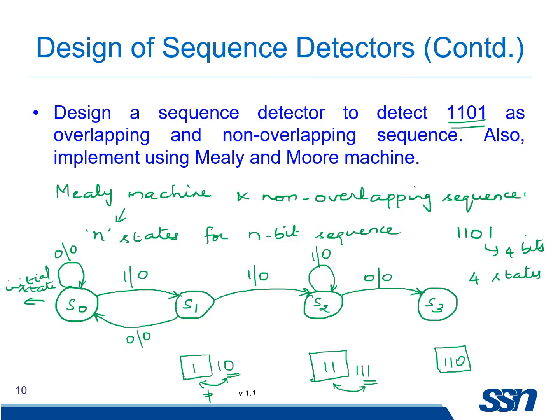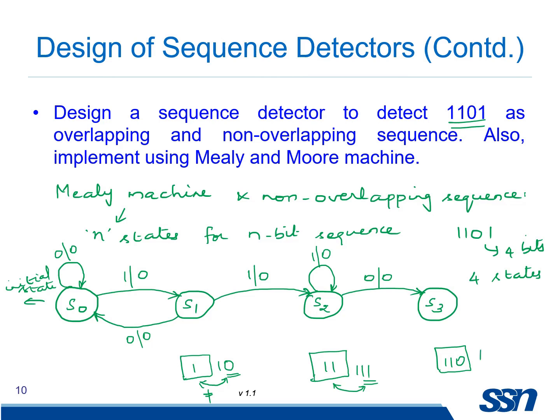Now coming to the last state, with 1 1 0. In the non-overlapping sequence, what we saw is that we need to go back to the initial state itself.